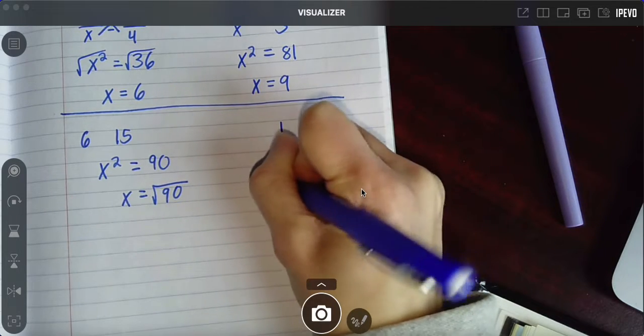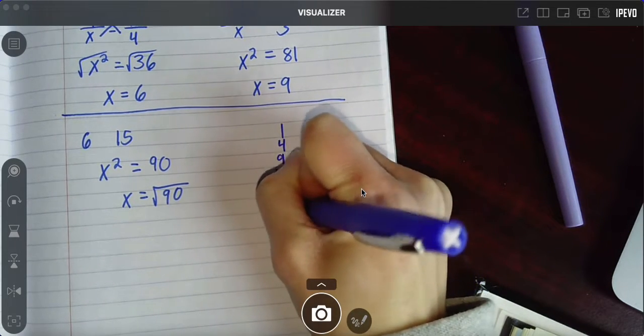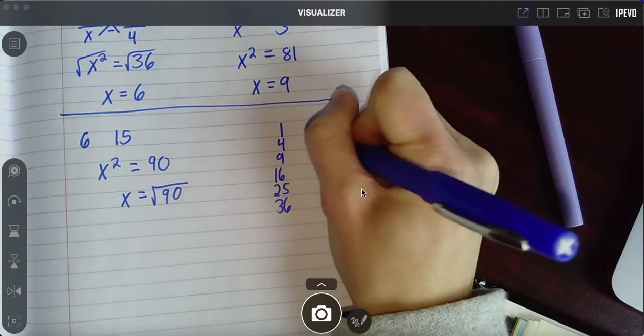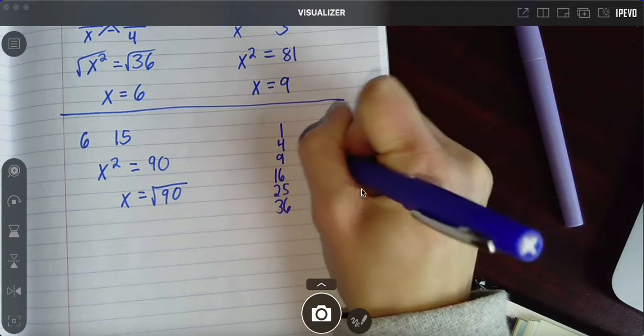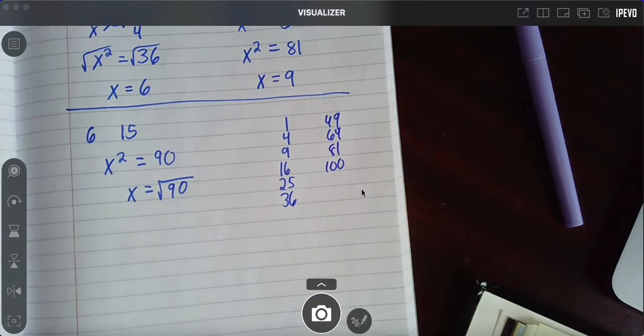And I could keep going, right? 7, 8, 9, 10. Okay, those are all perfect squares. Do any of those numbers go into 90? Which one? 9. 9 times what is 90? 10. So watch, I'm just going to rewrite that.